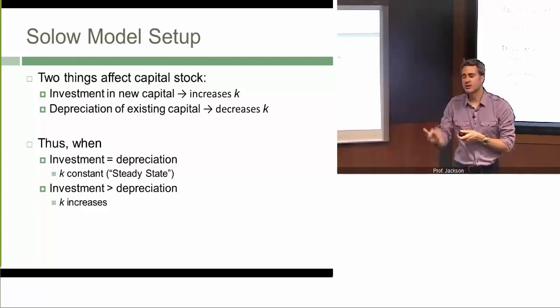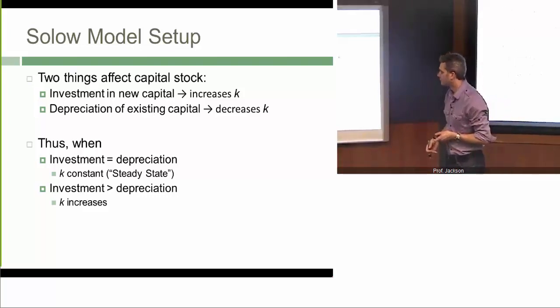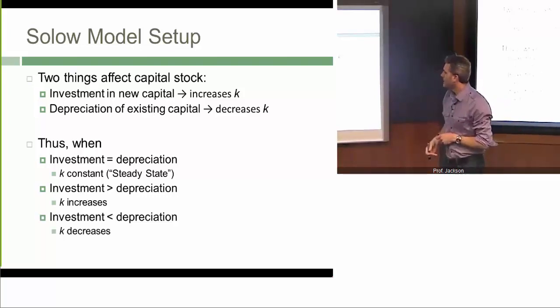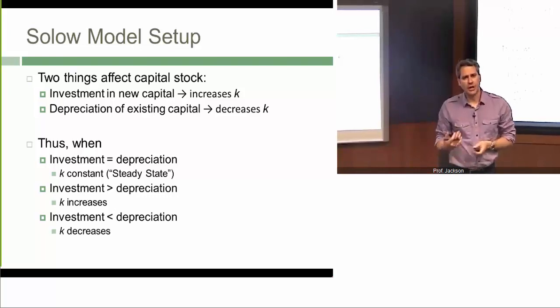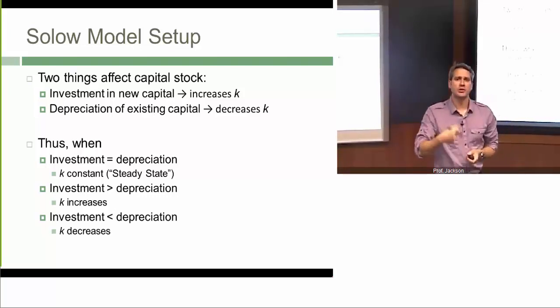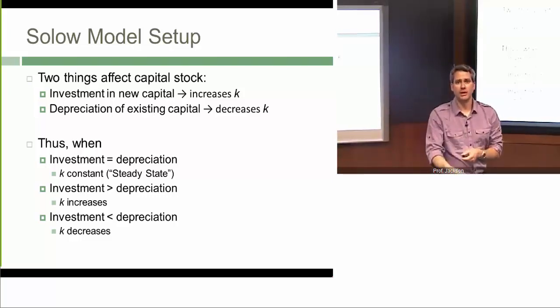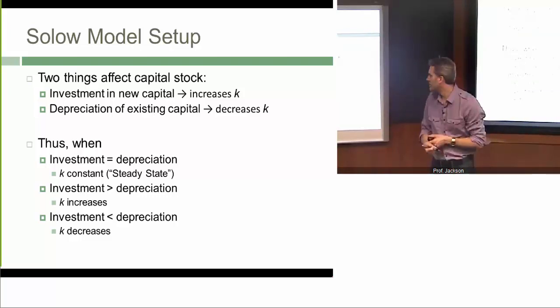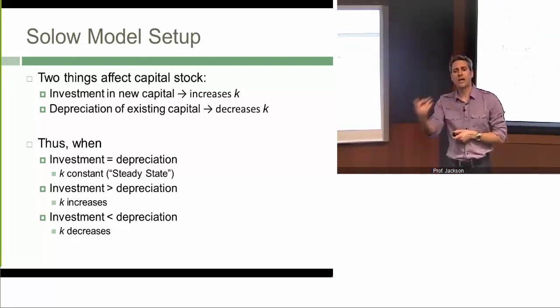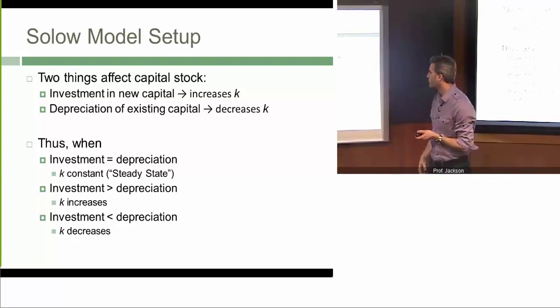So over time, you would expect the capital stock to go up. And finally, if investment is less than depreciation, you have the opposite effect. You're not putting in as much capital as is required to replace depreciated machines, out-of-date machines, and those kinds of things. So overall, the capital stock is going to fall under those conditions.